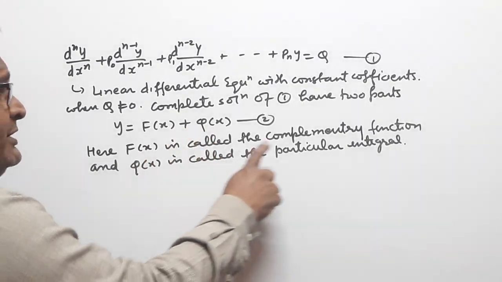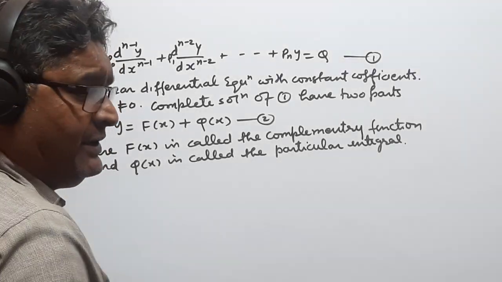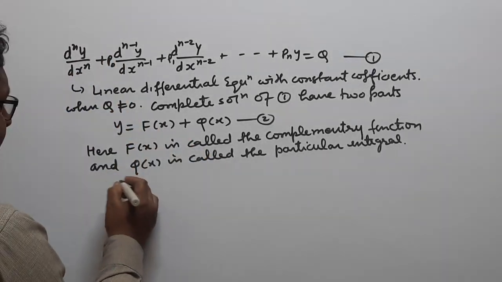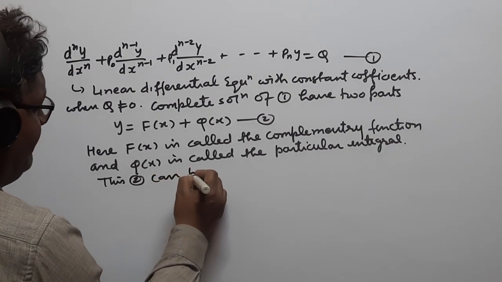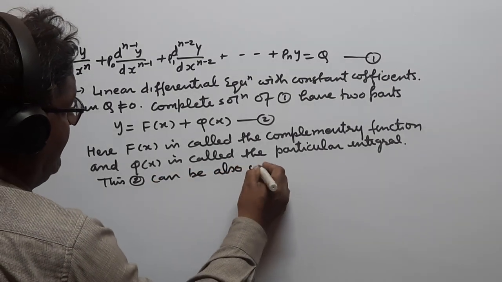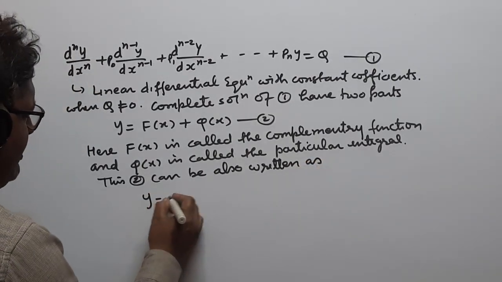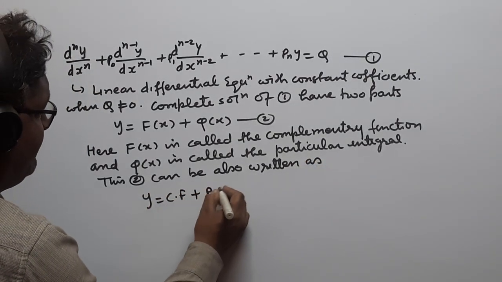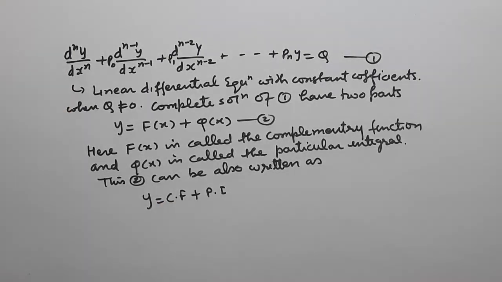Here f(x) is called the complementary function and phi(x) is called the particular integral. So this can also be written as y = CF + PI. CF is the complementary function and PI is the particular integral.